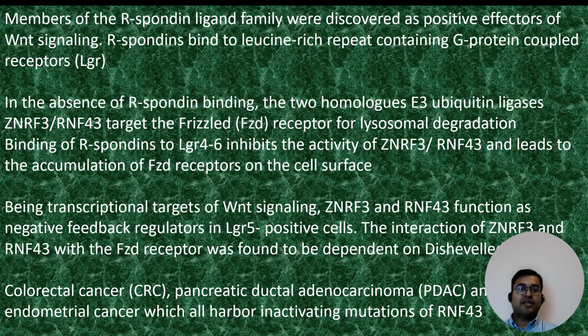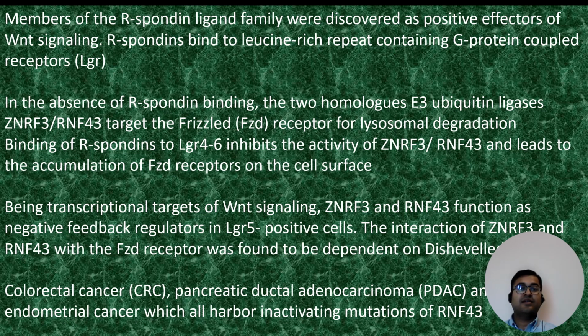Being transcriptional targets of Wnt signaling, ZNRF3 and RNF43 function as negative feedback regulators in LGR5 positive cells. The interaction of ZNRF3 and RNF43 with the frizzled receptor was found to be dependent on disabled protein. In case of colorectal cancer, pancreatic ductal adenocarcinoma, and endometrial cancer, these types of cancers have inactivating mutations in RNF43.